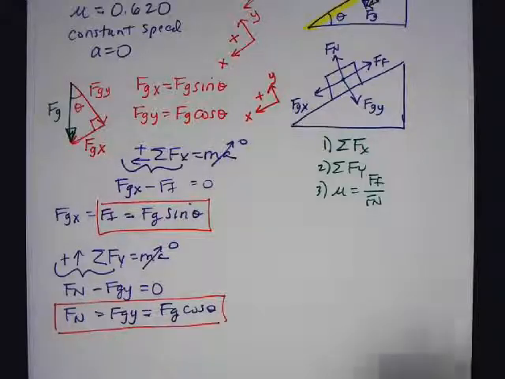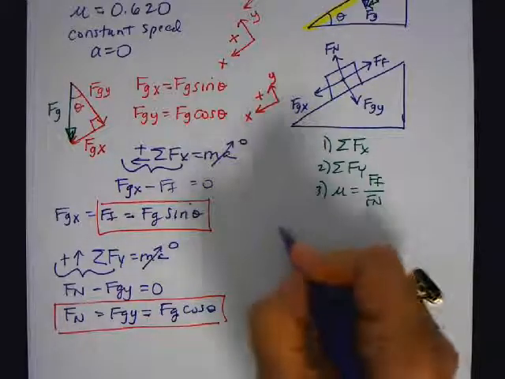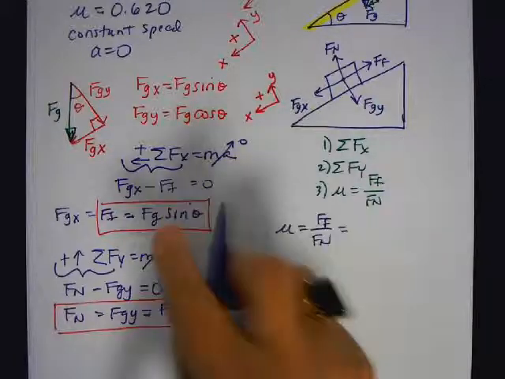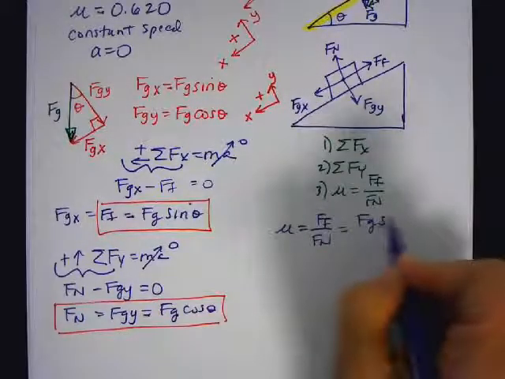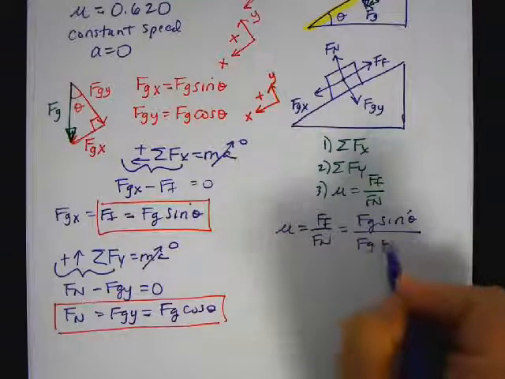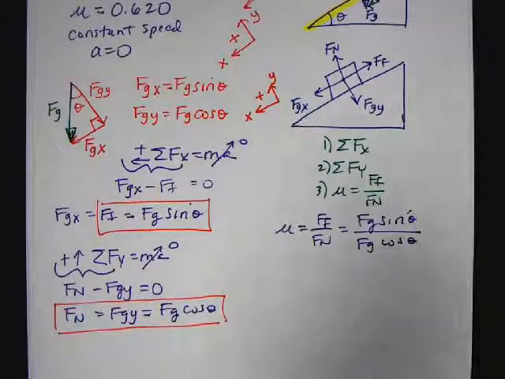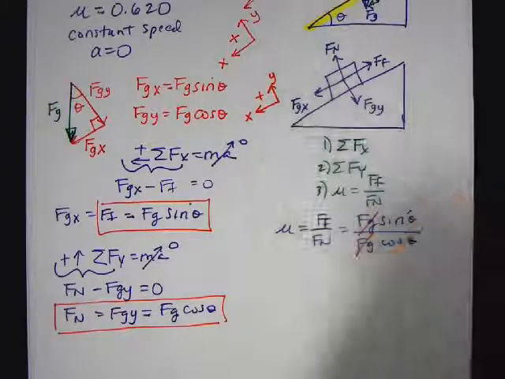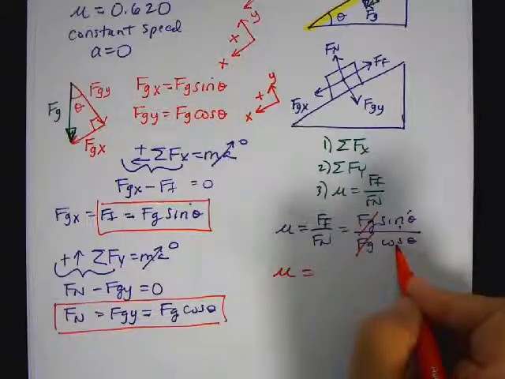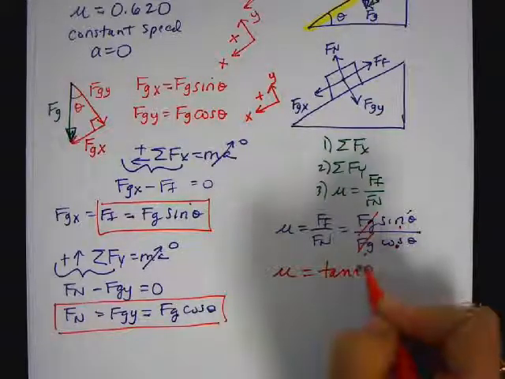The last thing I can do is I can use my mu equation. So mu is equal to F of F over F of n. So F of F is Fg sine of theta over F of n, which is Fg cosine of theta. And now I see the Fg's cancel out, so I didn't even need to know that. Sine over cosine is tangent.